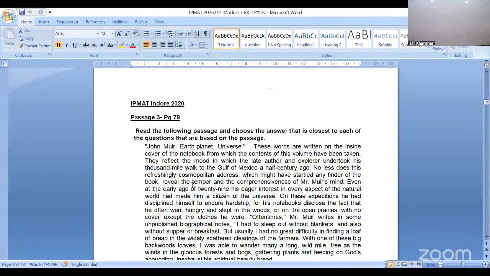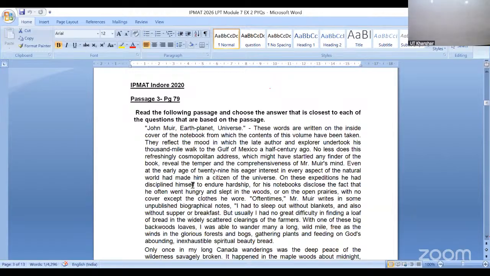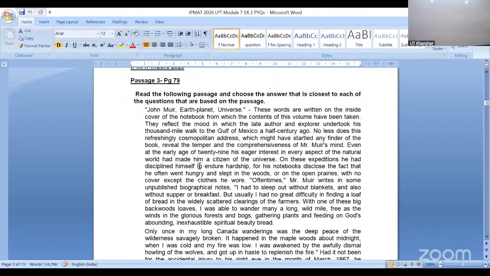Okay, now we will do passage 3. Passage 2 we have already done. It's a short one and we did it in class. Now you will do passage 3. It begins on page 79.